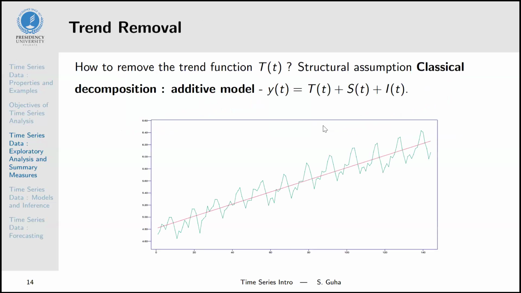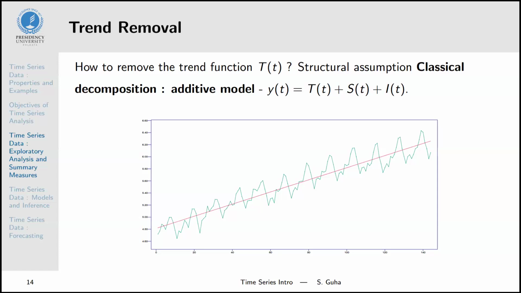Now suppose you have used either this method of mathematical curve fitting or the method of moving averages to calculate the value of the trend function. Then what is the next step? The next step is to remove the trend function from the data, and that is called trend removal. After the trend removal, the data that we are left with we call the detrended time series.